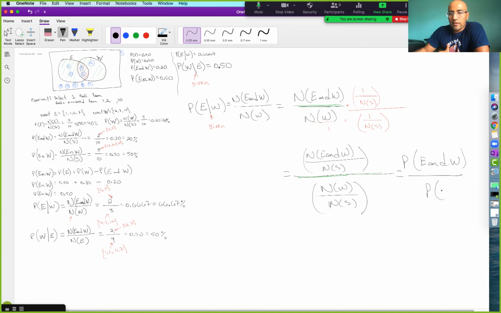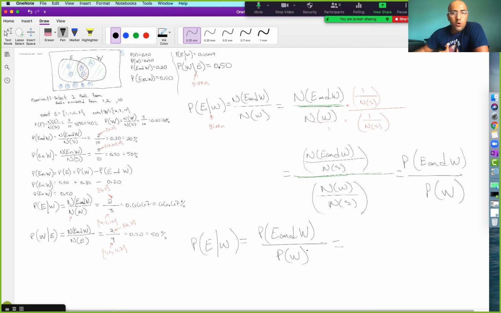So we get this formula: the probability of E given W is equal to the probability of E and W divided by the probability of W. Good. We can confirm this just to make sure it's true.